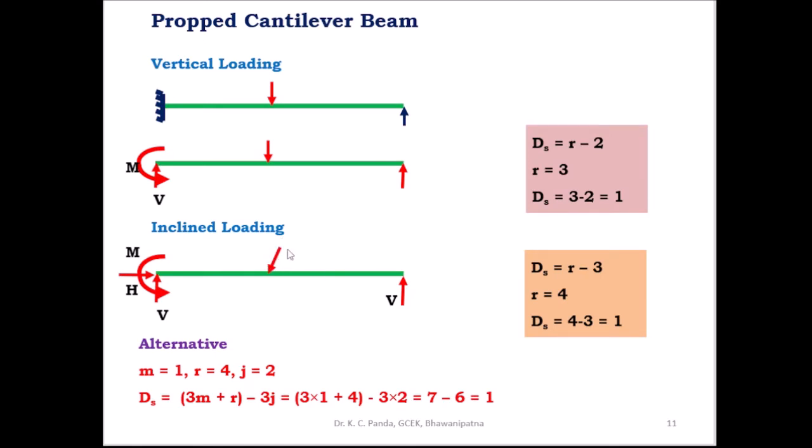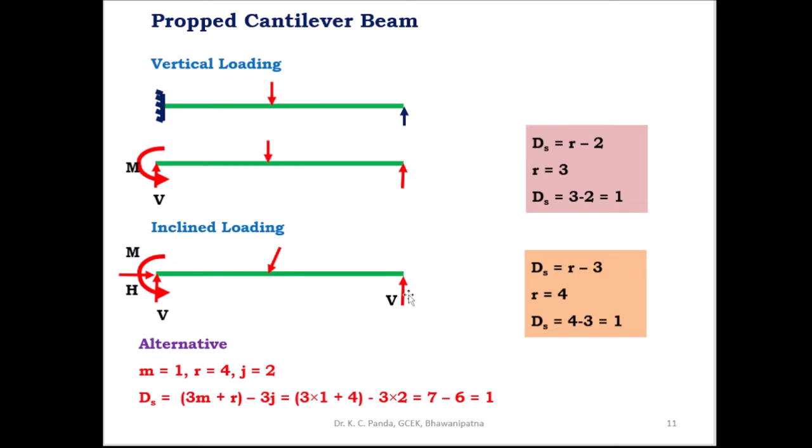Similarly, when the beam is subjected to inclined loading, at the fixed support there is a horizontal reaction, a vertical reaction, and also the moment. Three reactions at the fixed support, and one reaction component at the other support, so the total is r = 4.